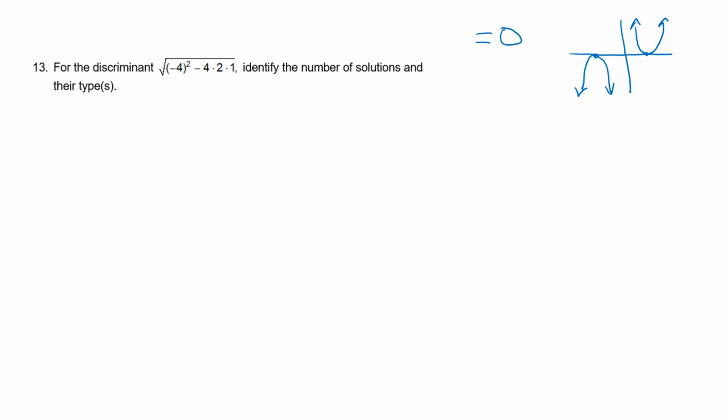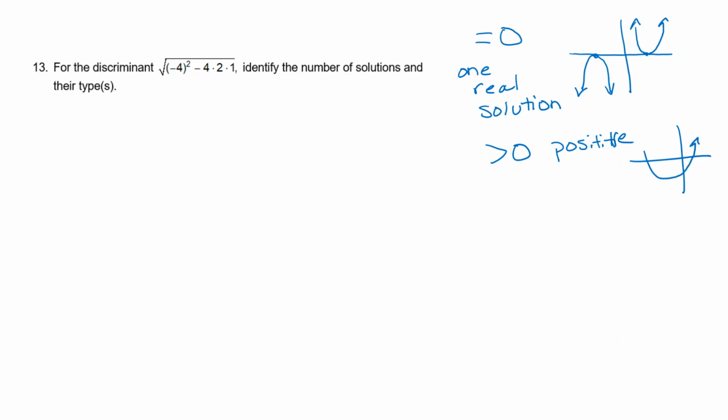So that tells me that there is one real solution. If my discriminant is greater than 0, that means it's a positive number. That tells me that my parabola is going to be something like this. I'm going to have two real solutions.